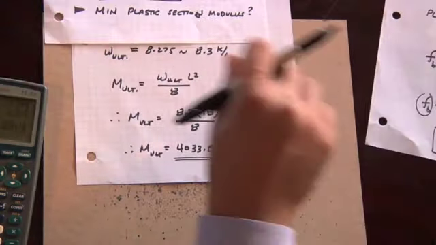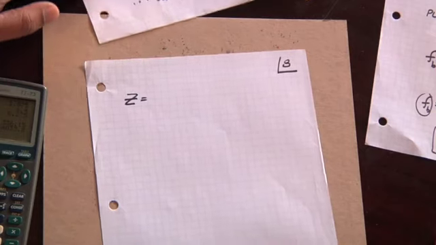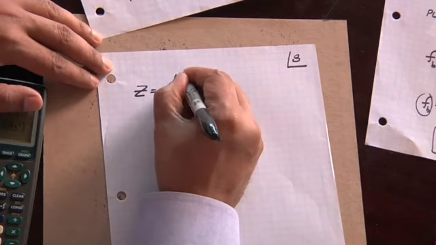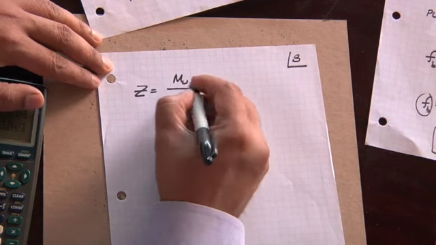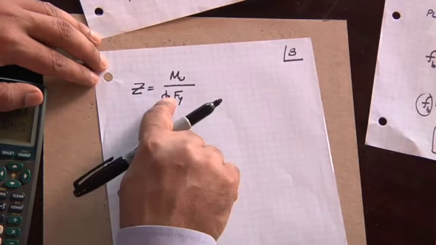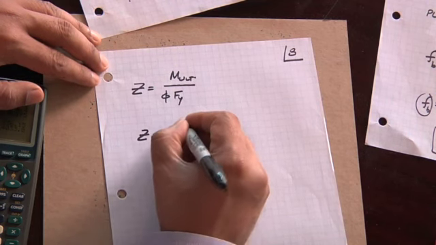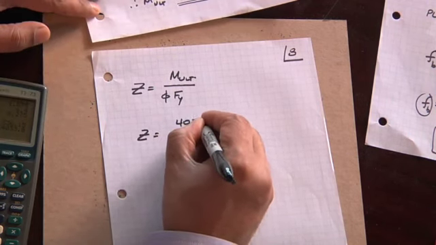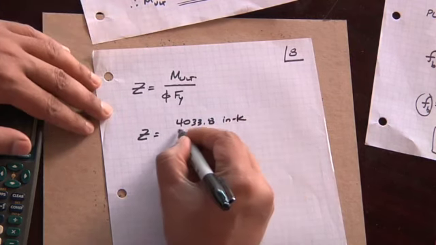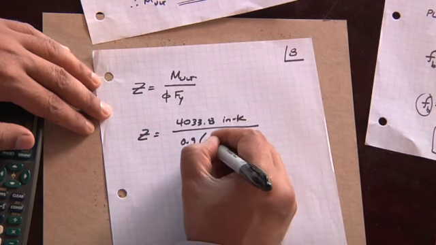And so if we do that, going over to sheet number 8, our plastic section modulus is going to be our ultimate moment divided by, and we're going to insert the phi factor into the yield stress. I'll explain what that phi factor is in a moment because that's sort of like a little factor of safety. So Z is going to become 4,033.8 inch kips divided by, in this case, the phi factor of 0.9 times 50 KSI.